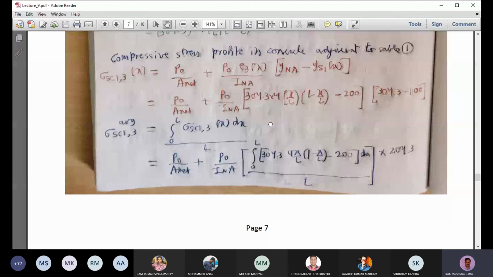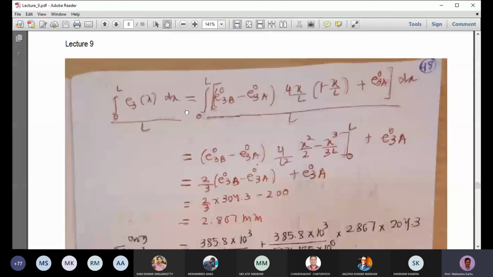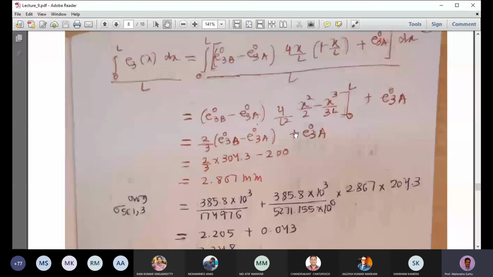If you integrate E3 of x dx by L, we get that equation for E3 of x, and x square by 2 minus x cube by 3. So 4 by L square into x square by 2 minus x cube by 3L. It will be 1 by 2, L square by 2 minus L square by 3, so L square by 6. So 4 by L square into L square by 6 is 2 by 3. So we are getting 2 by 3 into this value.